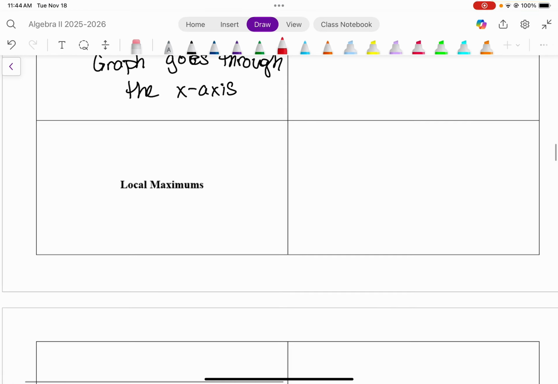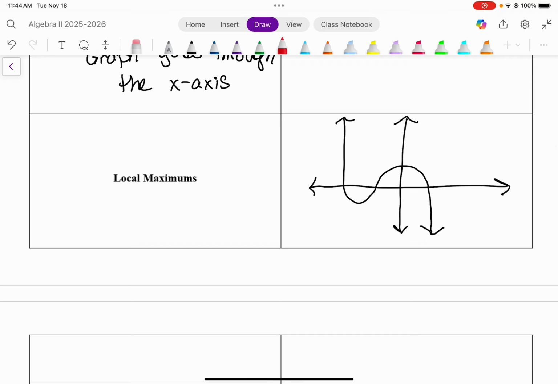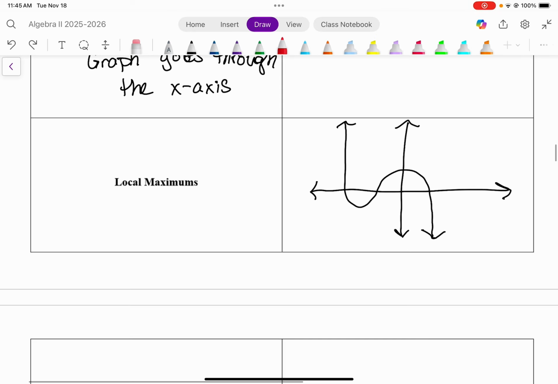Okay, local maximums. So on our graph, we might have a maximum point, but local maximums are going to be maximums that occur, but they're not the final max. So let's see, if we draw a graph that looks like this, we can see that our graph will continue to go up over on the left side. So our maximum point is nothing because it will continue to go up.